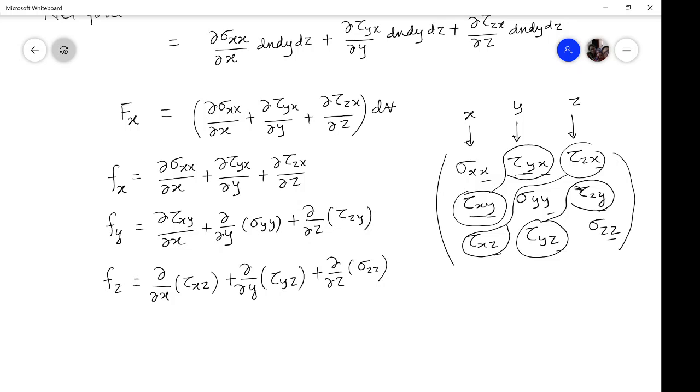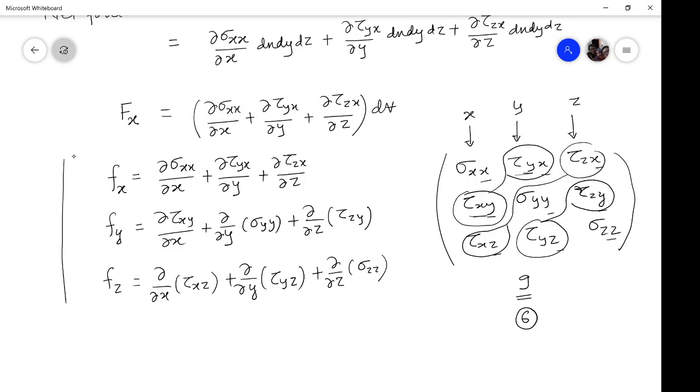So in totality, how many unknowns? Previously you said that 9 components will be there. Okay, no problem. But out of these, only 6 will be independent. That means you have to calculate 6, because tau xy is the same as tau yx, tau zx is the same as tau xz, tau yz is the same as tau zy. So this should be very clear to you.